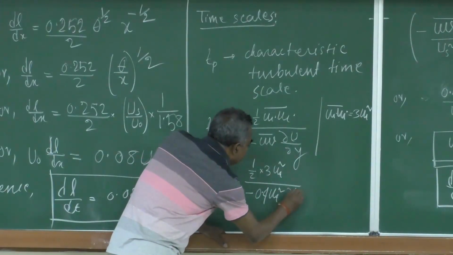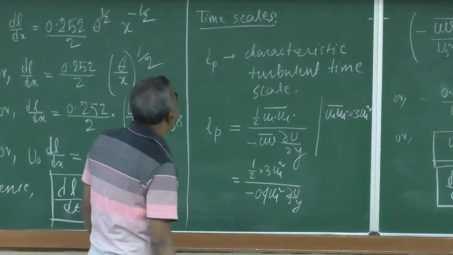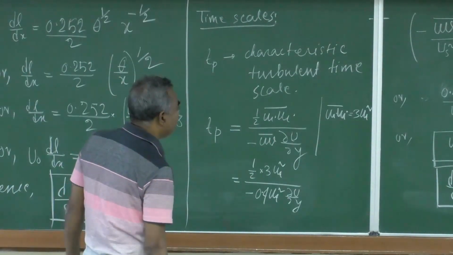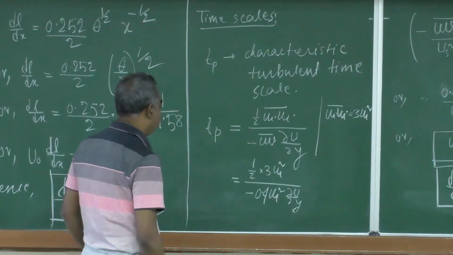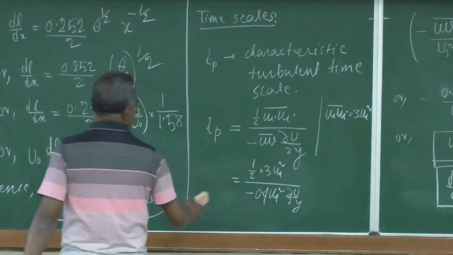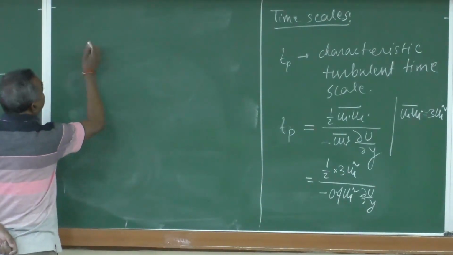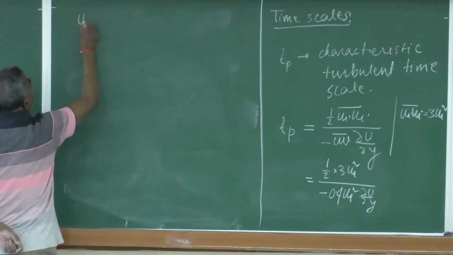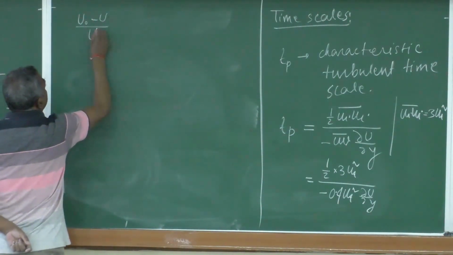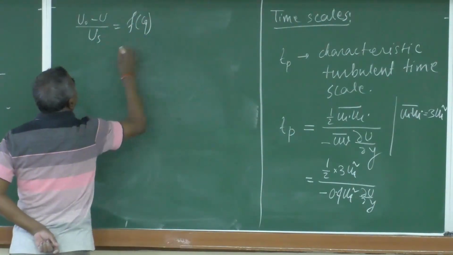and this del u del y. We did del u del y earlier, but once again we have to do it because we have removed it. So, let me do it here. We have to calculate del u del y, but we know u s is equal to f of xi. Okay.